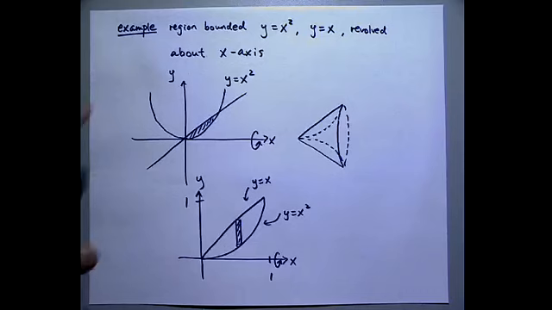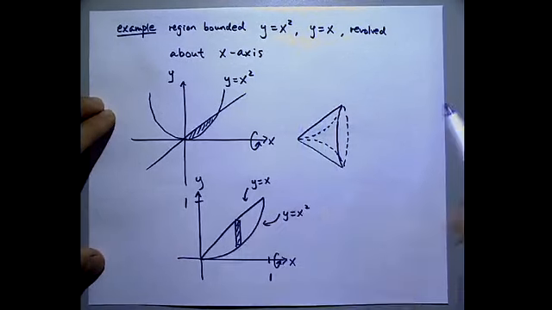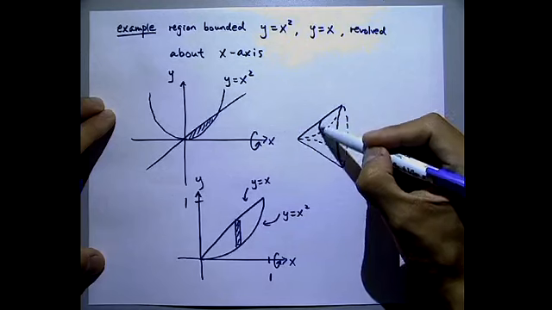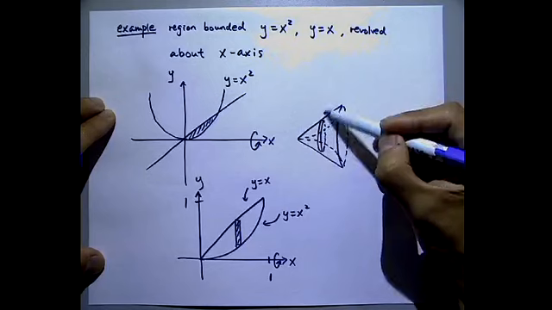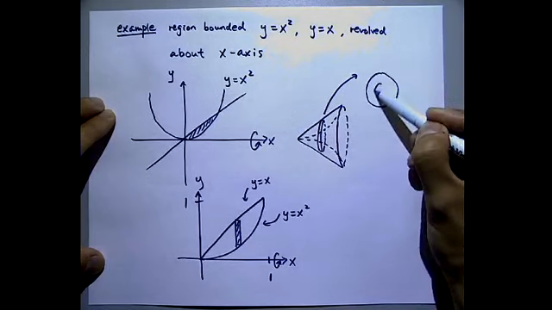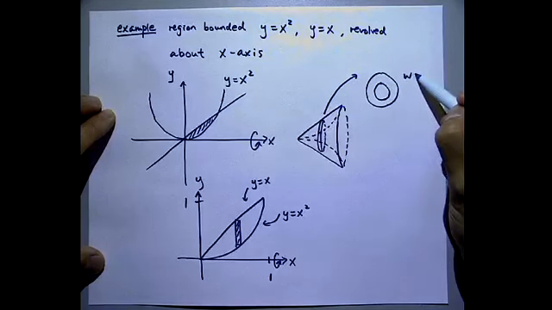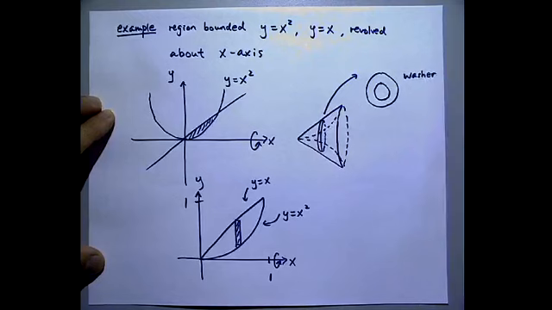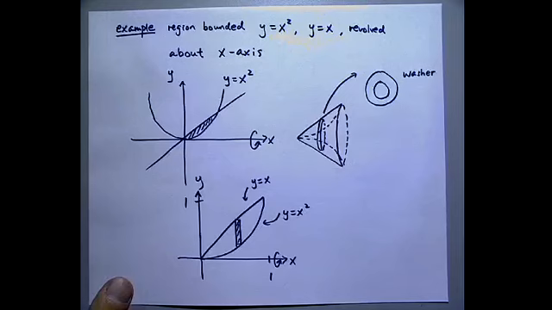It's a washer, yeah. It's not a disk anymore because the center is hollowed out. Think about any slice within this little strange shape here. If you take it out, it'll look like that, right? Like this is a washer, or a donut, or a coin, maybe. Some coins have the center hollowed out.